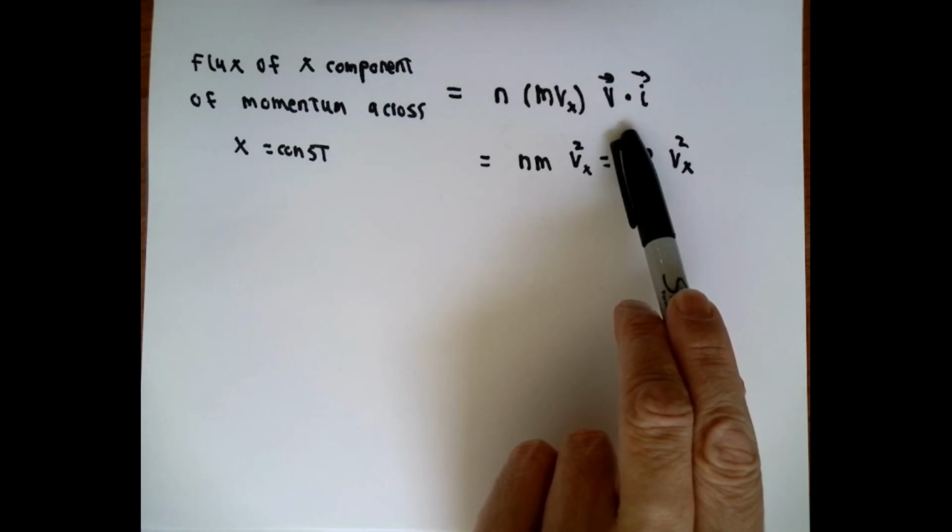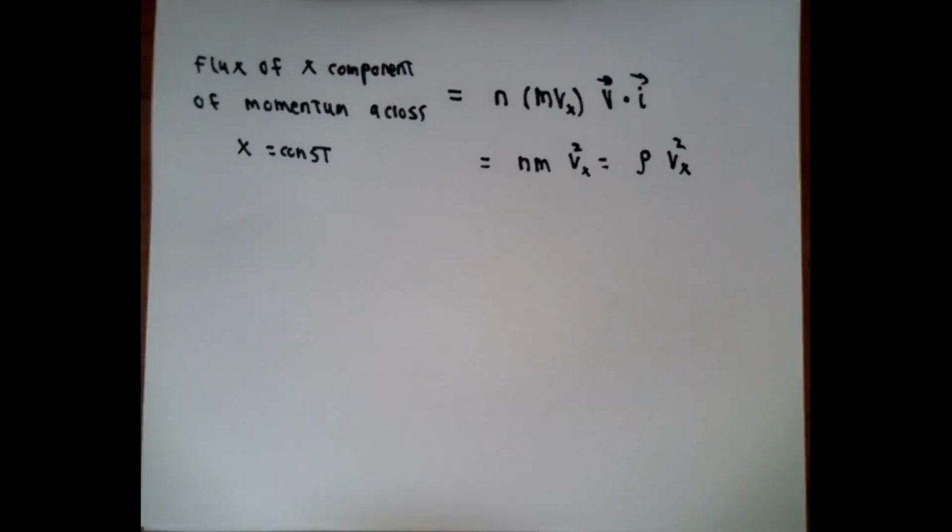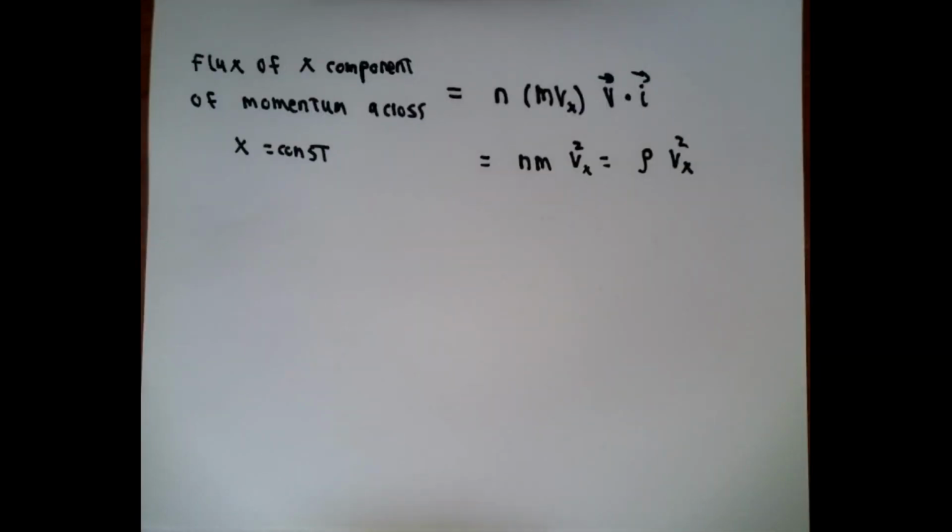v dot i, though, is just the x component of the velocity vector. This is n times m times vx squared. That is to say, it's the mass density times vx squared.